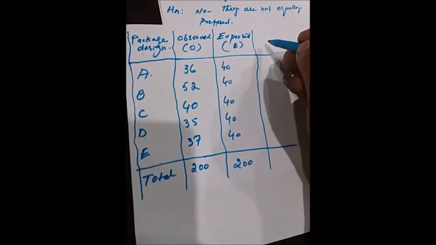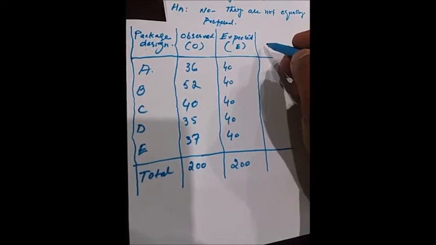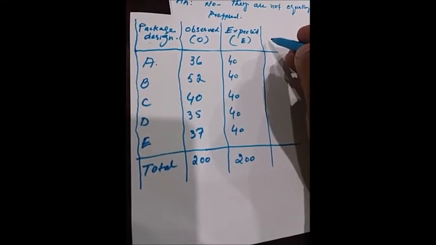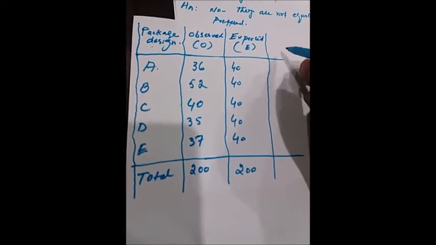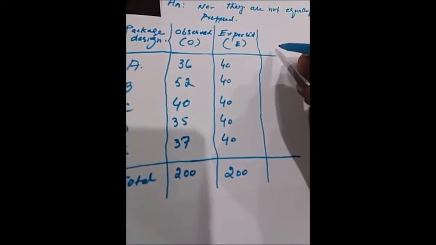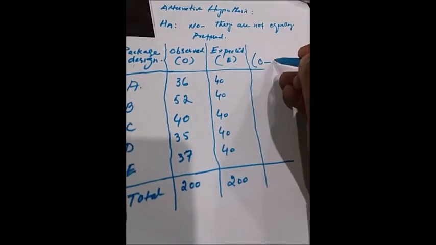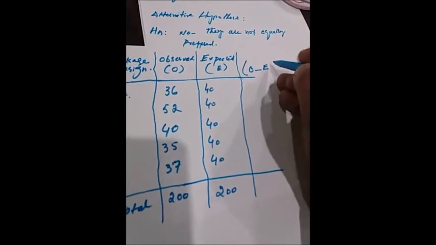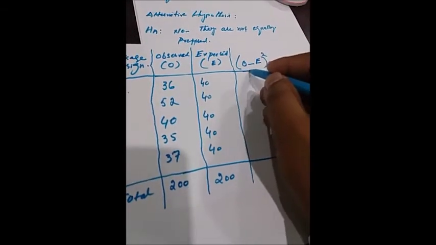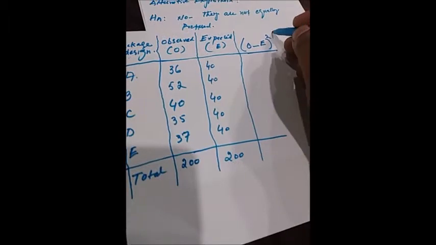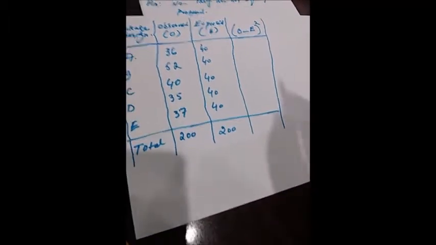Now, as per the formula, observed values minus expected values, the whole squared.